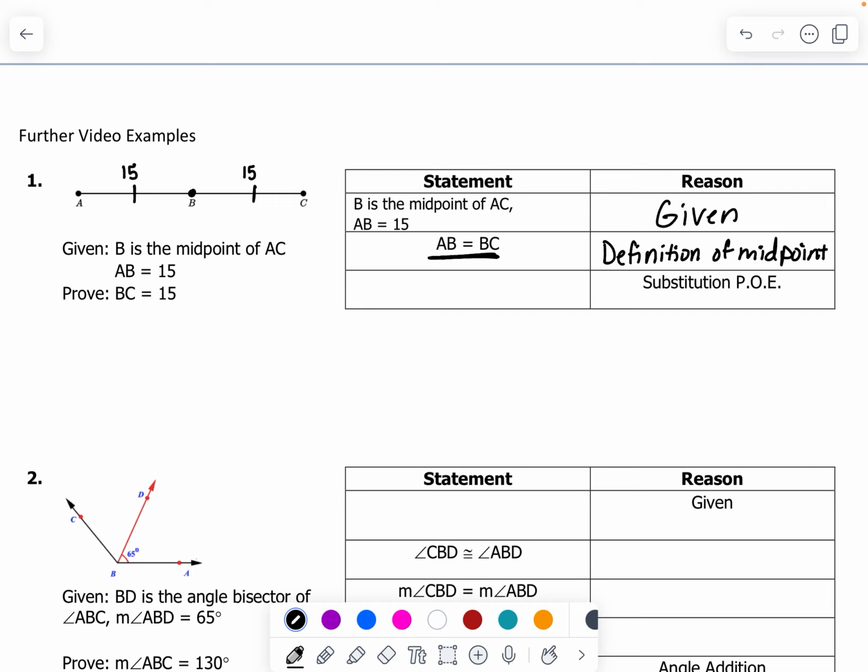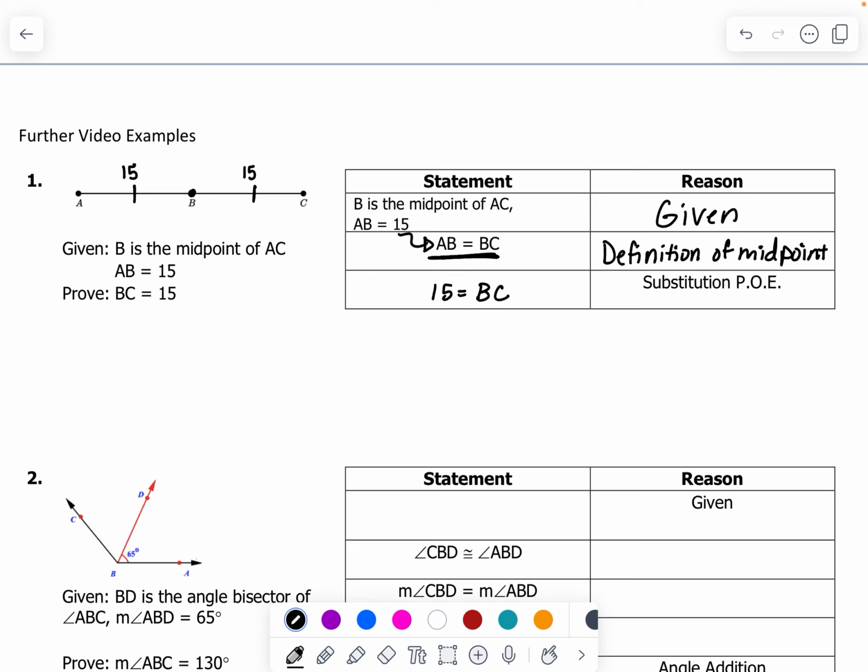Okay. All right, now it tells us our next reason is going to be substitution property of equality. We're going to substitute something. Well, if we know that AB is equal to 15, we can substitute 15 in for AB. So we're going to put in 15 equals BC. Ooh, there we go.